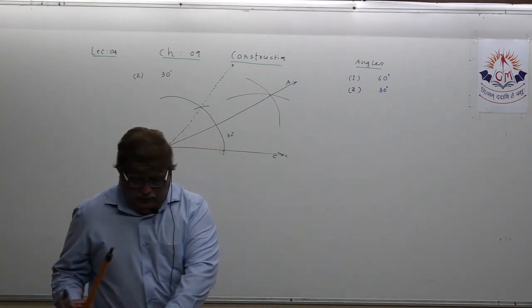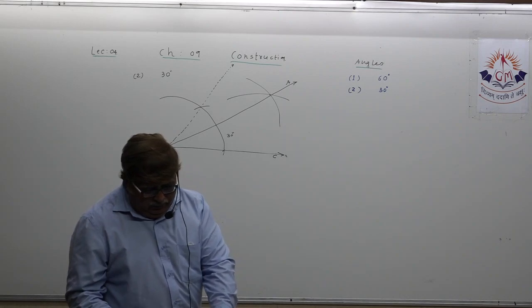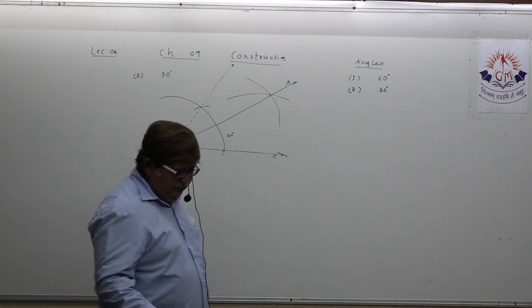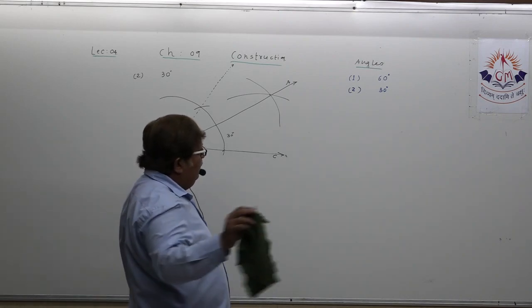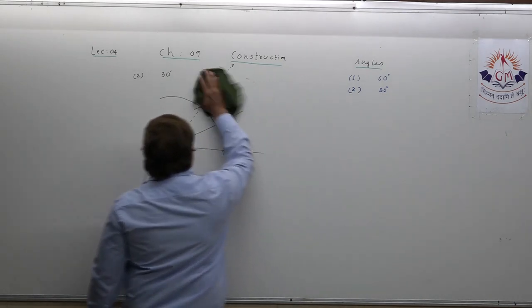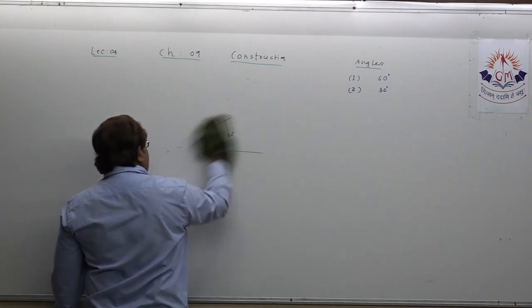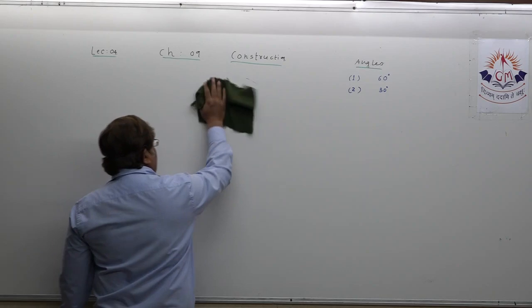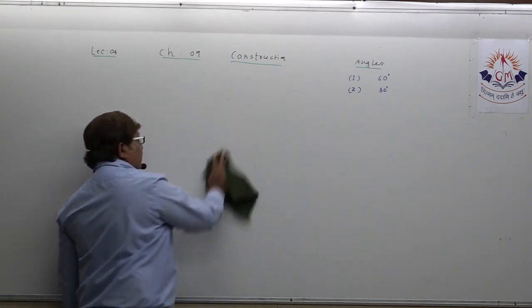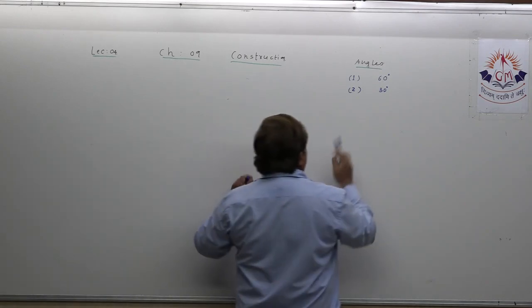Okay. Now suppose we want to construct the next angle, of 15 degrees. You all must be catching my point quite easily. 60 we have constructed, 30 we have constructed.